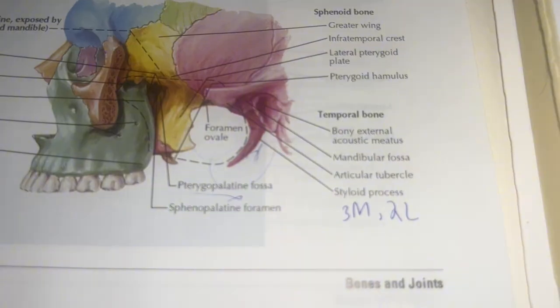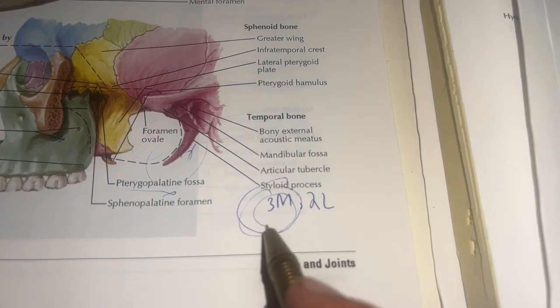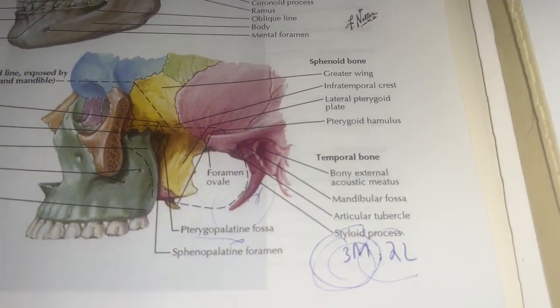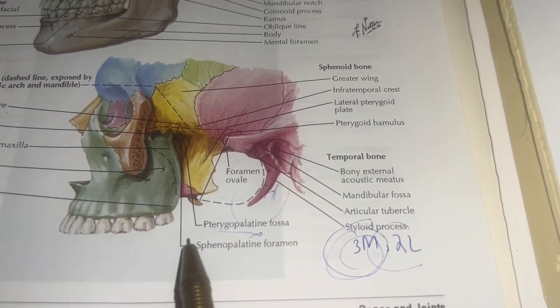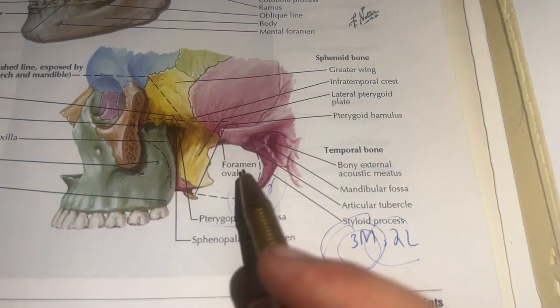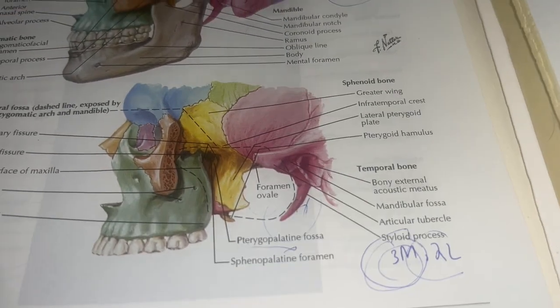In the styloid process, 3 muscles and 2 ligaments are attached to it. The 3 muscles are the stylohyoid, styloglossus, and stylopharyngeus muscles, and each is supplied by a different nerve.